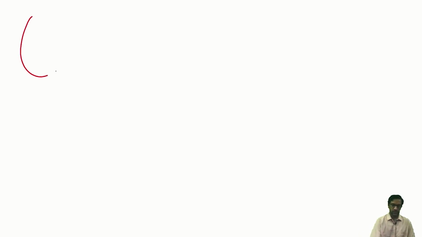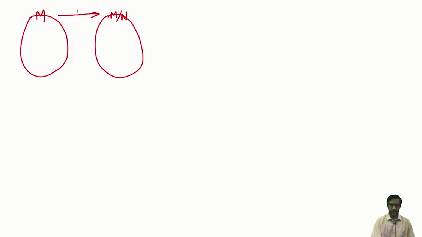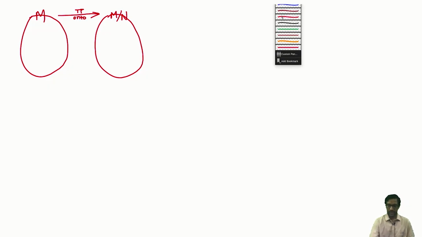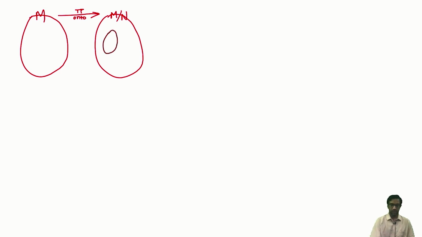So let me just give you a diagrammatic argument. So if M and M mod N, I have a projection map pi which is onto, right? The key point is that pi is an onto map, and what I'm doing is taking two different subsets here. I mean, they are submodules, but let's just say they are subsets for now. So just use two different colors. So here are two different submodules, B1 and B2.